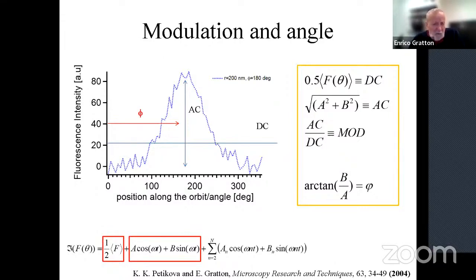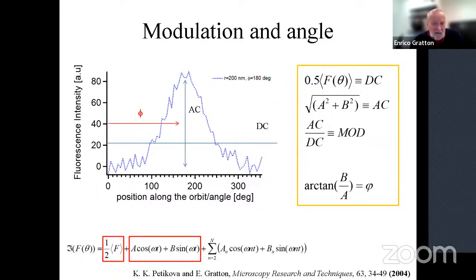So what you measure as the position along the orbit changes, you have a maximum in AC of the signal, and the DC will be the average of the orbit multiplied by 0.5, 1/2, and AC will be the maximum of the AC with respect to the DC, and that is what is called the modulation of the signal.